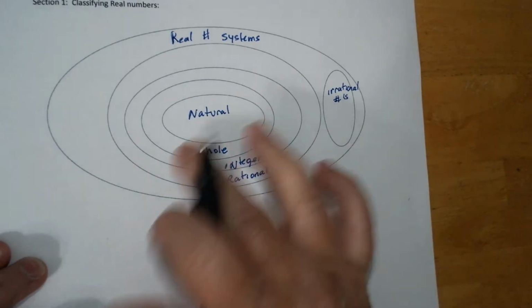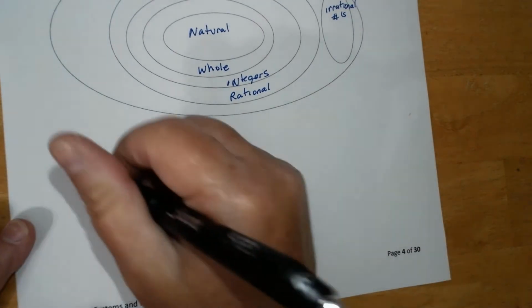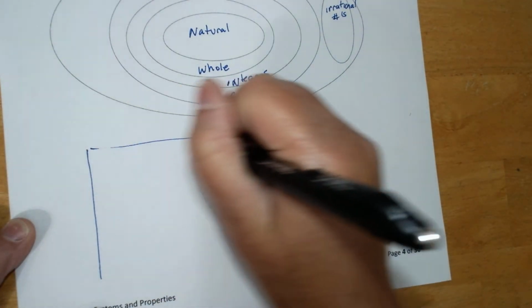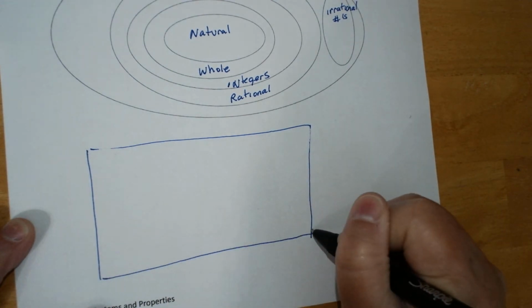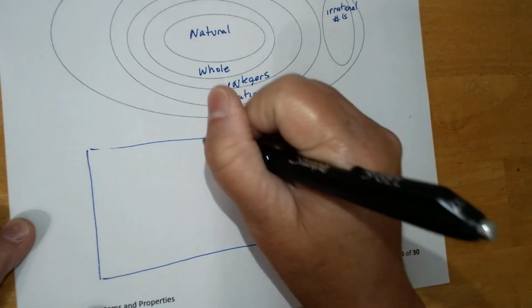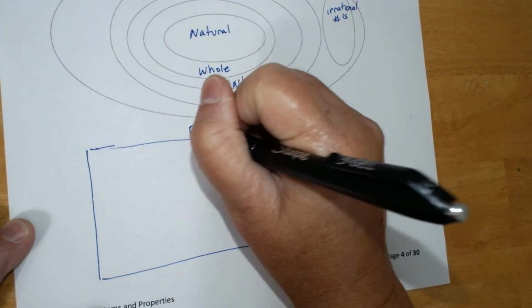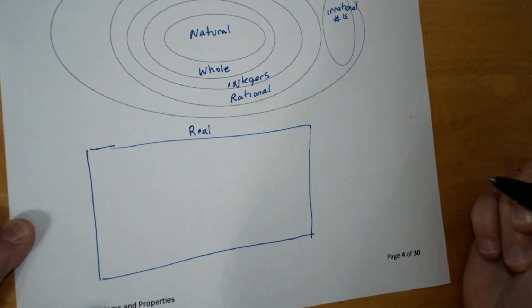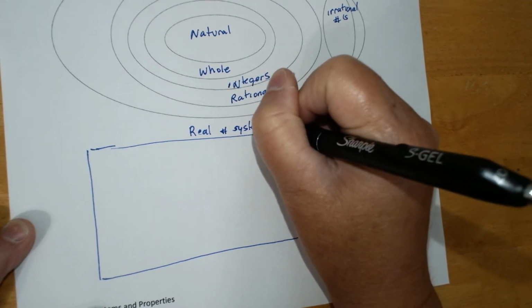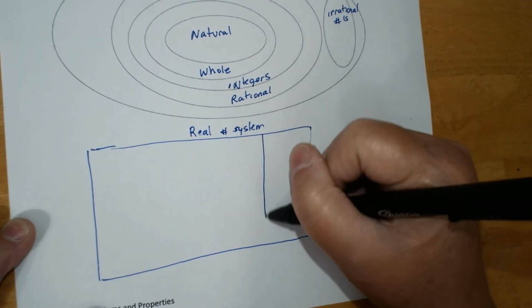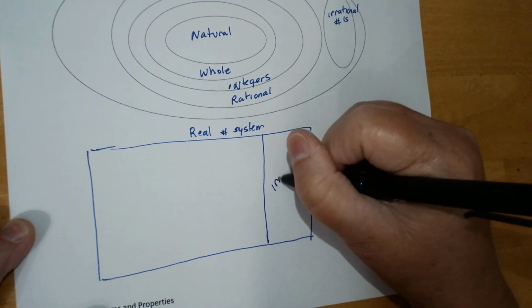Okay, you will see it in circles, or you will see it in a huge gigantic box. Two ways you can do it, where this entire box is real. It is the real number system. Over here is irrational.